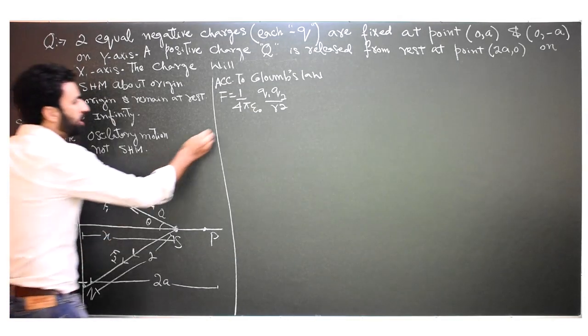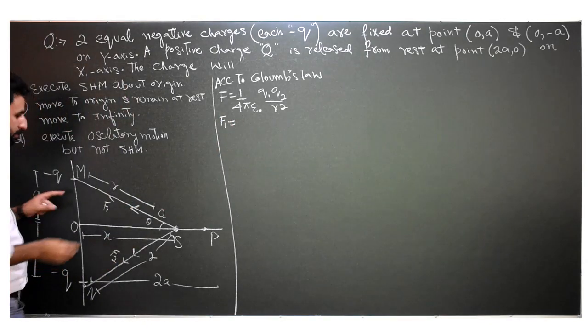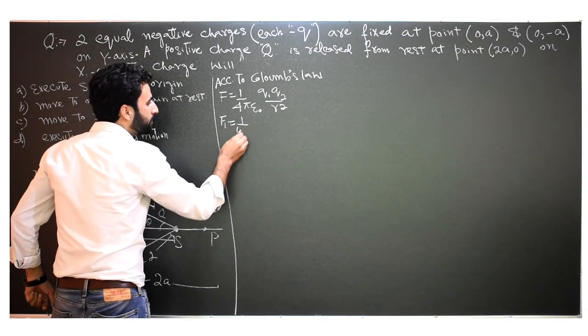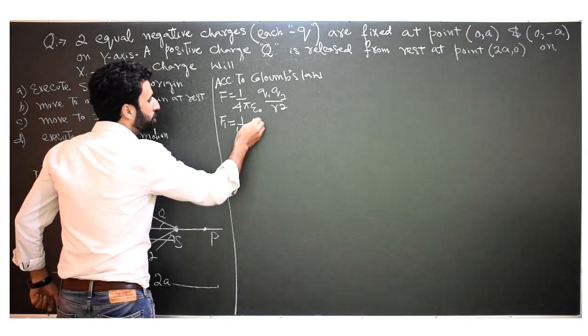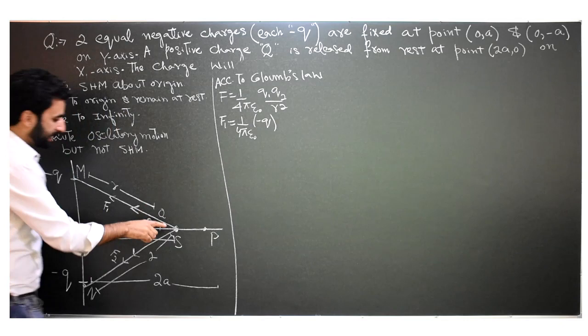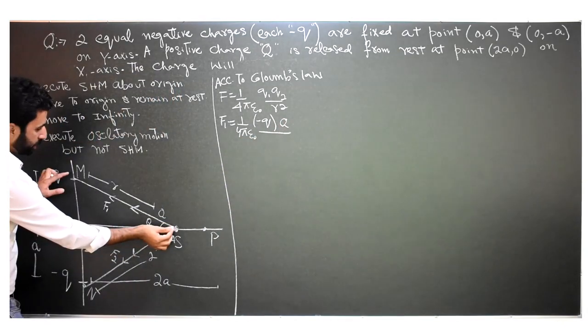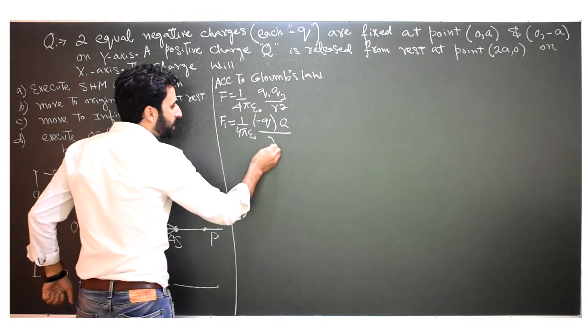Let's calculate F1. F1 will be 1 by 4 pi epsilon naught, Q1, that's minus Q, Q2, the second charge is capital Q, divided by the distance between the two charges, that is R square.